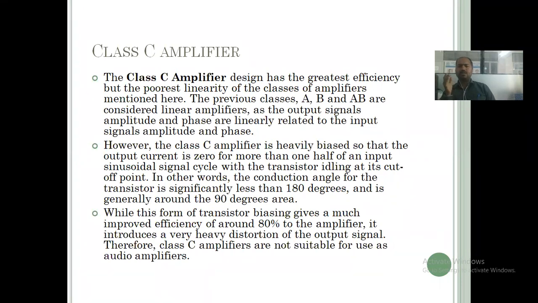So it should not be used for audio. It should be used for radio frequency applications, where there is the largest efficiency with this type of configuration. This is the revised part.